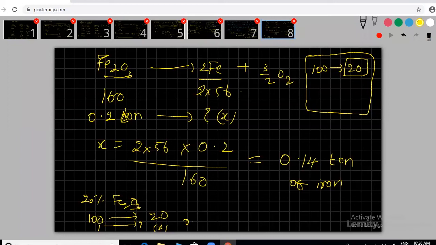I will get 0.2 ton of Fe2O3. This is only Fe2O3. Remaining is impurities. We know that 160 grams of Fe2O3 we are heating, 2 into 56 grams of iron we will get. Then 0.2 ton we are heating, how much will we get? That is simple. 1 iron is 56. Then how many iron are there here? 2 into 56.